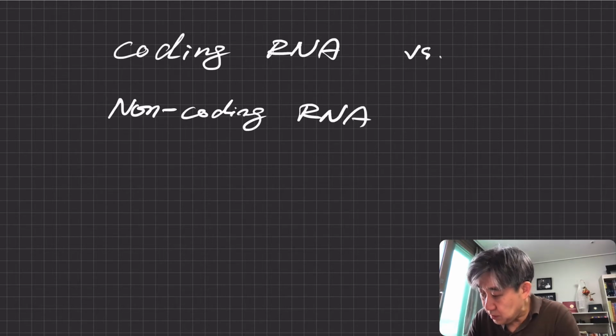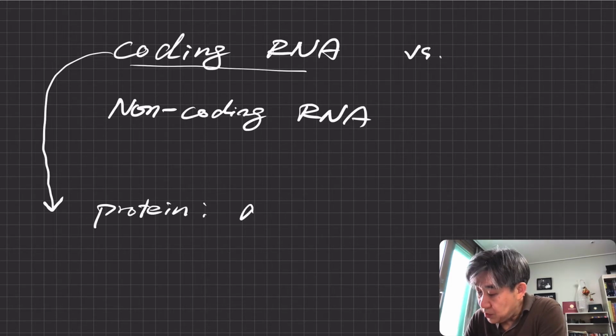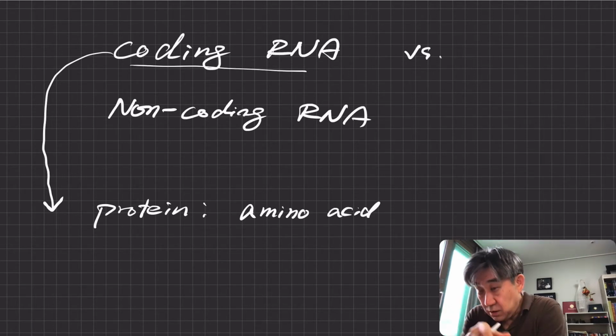Coding RNA means the RNA whose sequence is directly converted into protein, which means amino acids. Like I showed two slides ago, three RNA nucleotides acting as one single unit, each of which signifies a specific amino acid. That is an example of coding RNA.